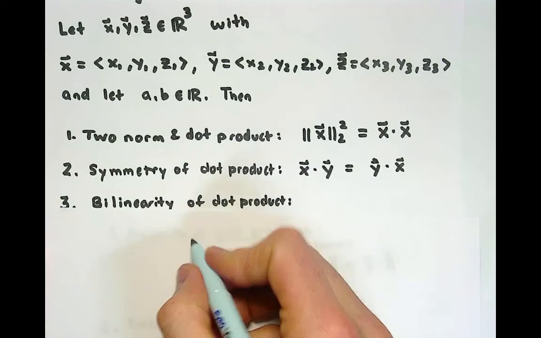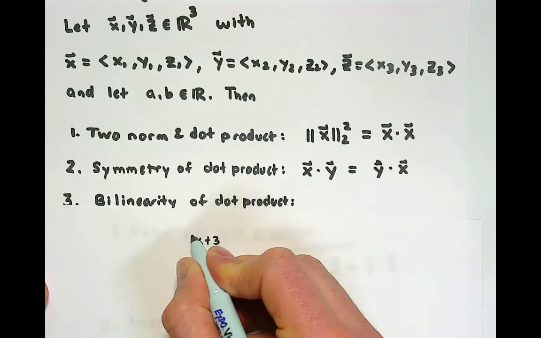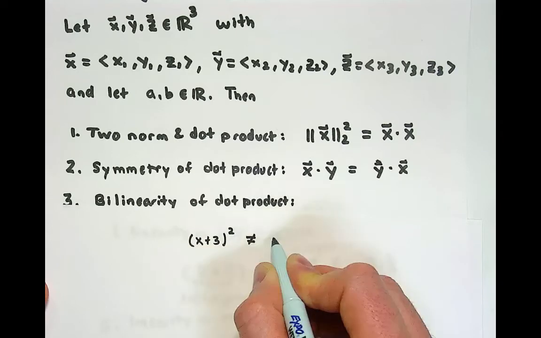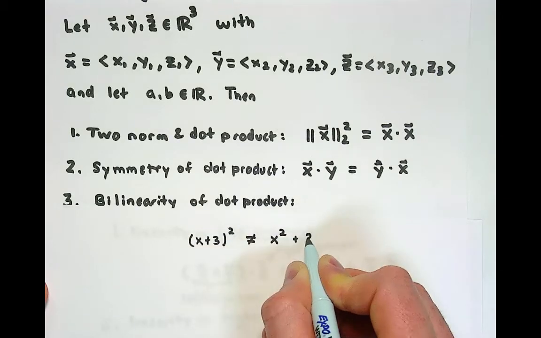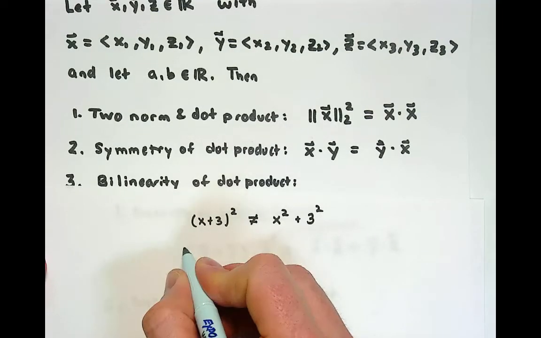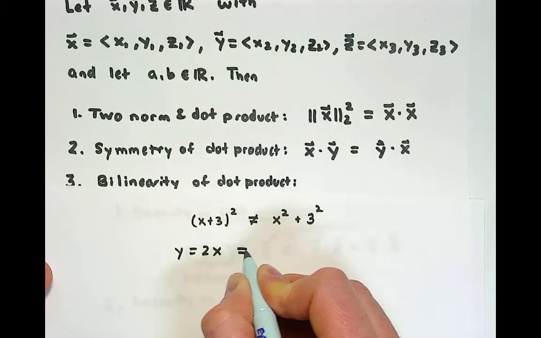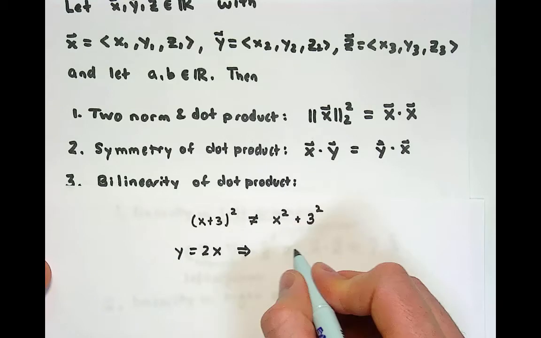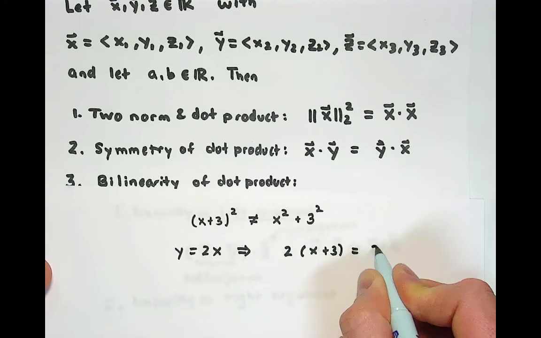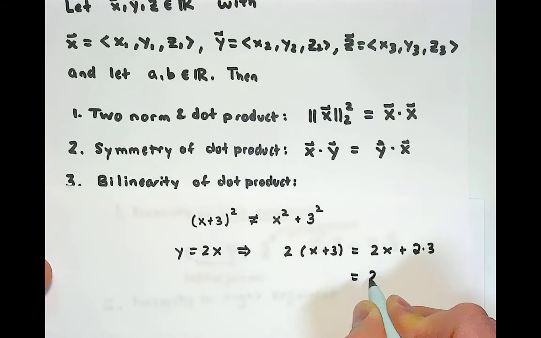So this is just a quick statement about linearity. If I took x plus 3 squared, the square is a nonlinear function, which means I can't pass that operation through the addition. But when you have a line, let's say the line y equals 2x, and I evaluate it at x plus 3, do you see how the operation 2 actually gets passed to both arguments?